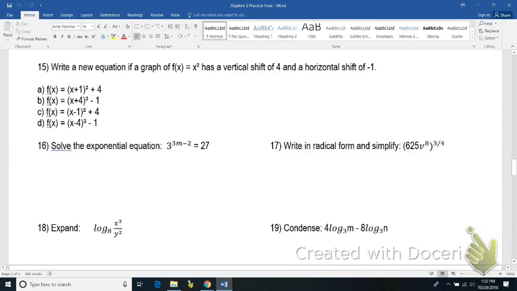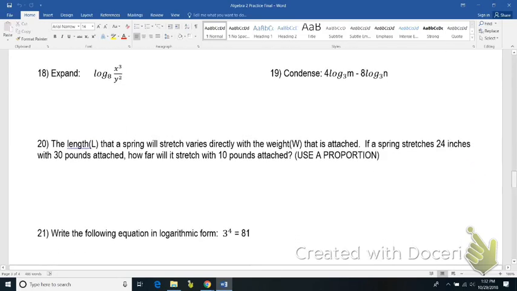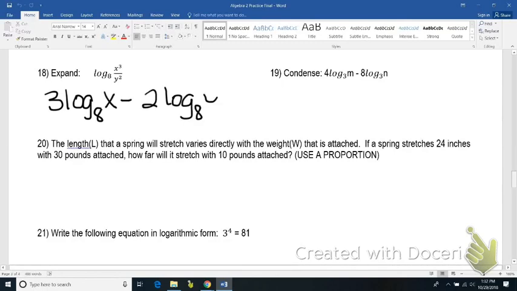Okay. Now these last ones, 18, 19, I'm going to go ahead and just write those out. If you need any kind of explanation, let me know. But we are just expanding. So exponents come out front.